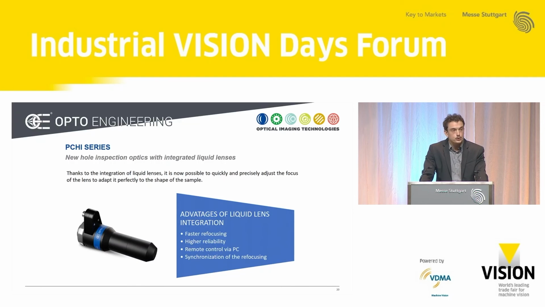It is possible to control everything remotely, using a PC. And it is also possible to synchronize the refocusing, meaning that if you have a changeover during your application, you can synchronize the acquisition with the refocusing in order to have any detail in perfect focus.